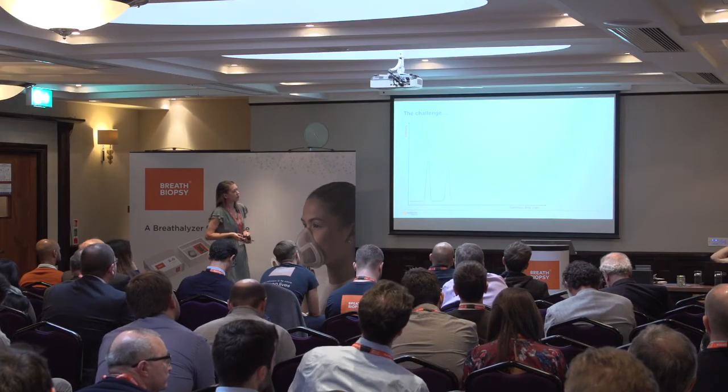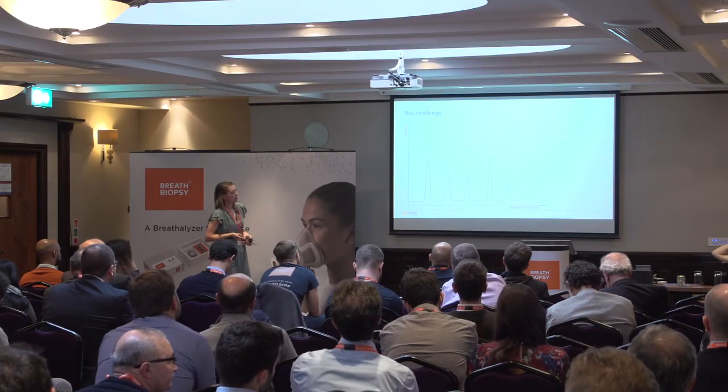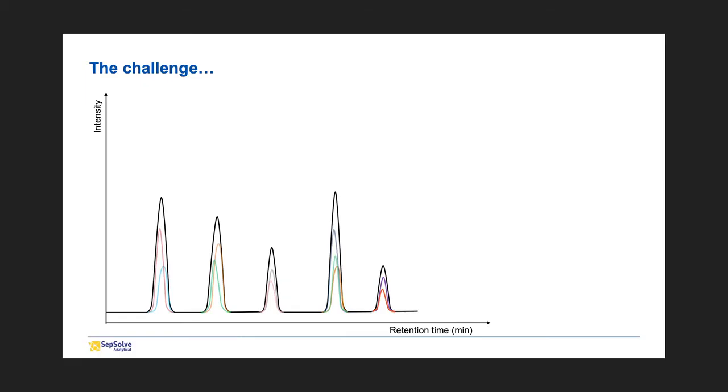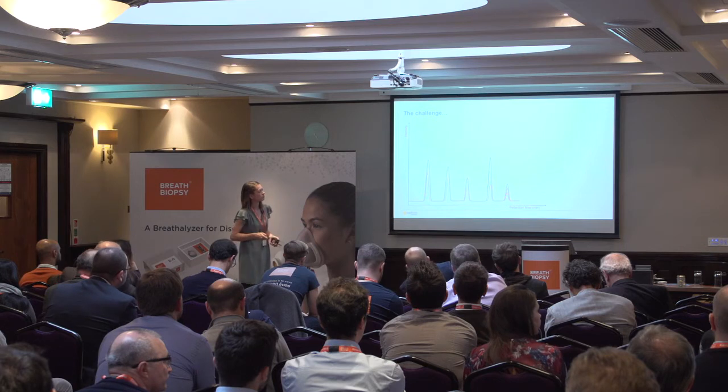So the challenge within the breath samples is that you might have coelutions happening, which can hinder your identification. Deconvolution, after all, is just an algorithm. Can you be confident that you're getting the right answer?